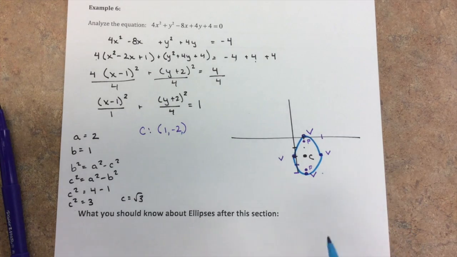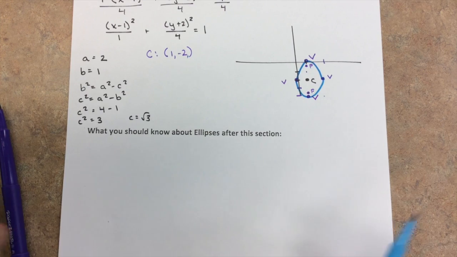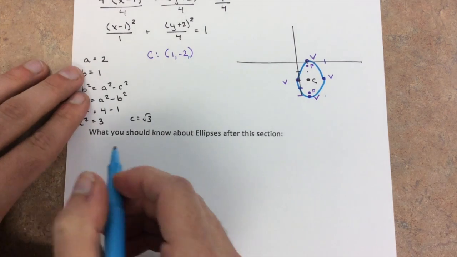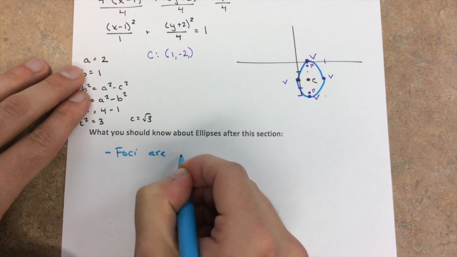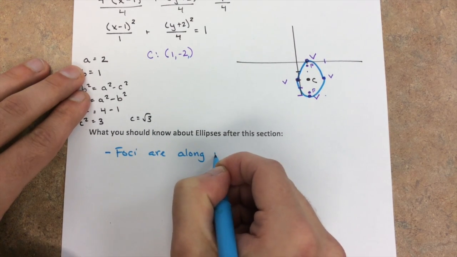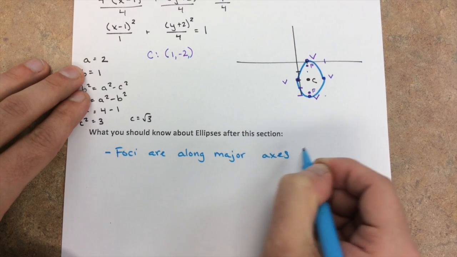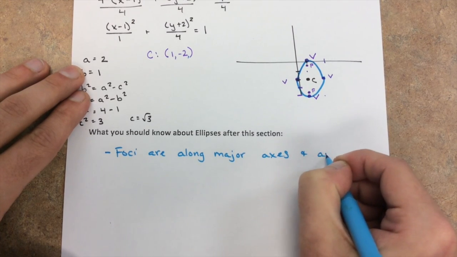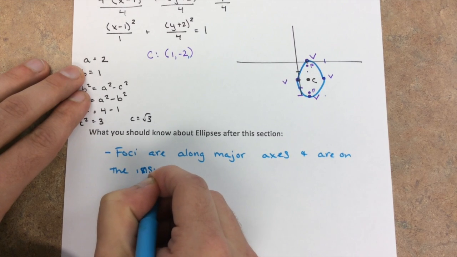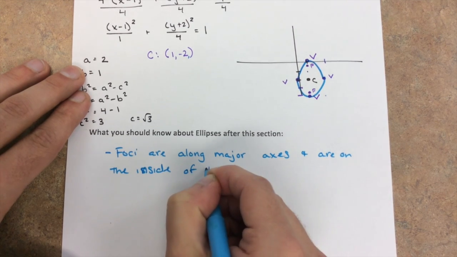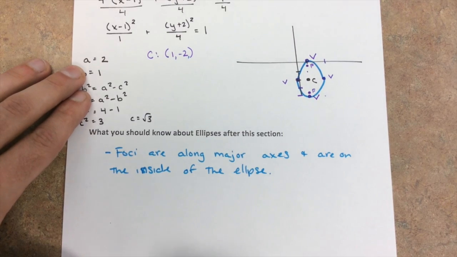So what should we know about ellipses? I would say the foci are along the major axes and are on the inside of the ellipse. So that's one thing.